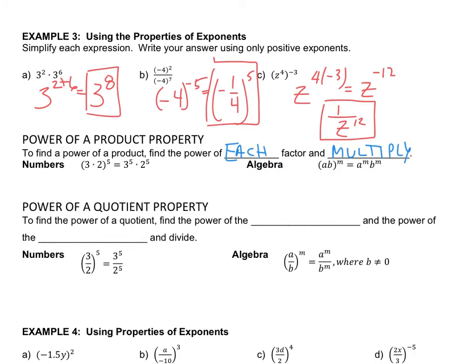You find the power of the numerator and the power of the denominator and divide. So in this case, for the same idea, I have 3 over 2 to the 5th, both the numerator, the 3 now gets the 5, and the denominator 2 gets the 5. So those two are kind of important to be watching for as you go.